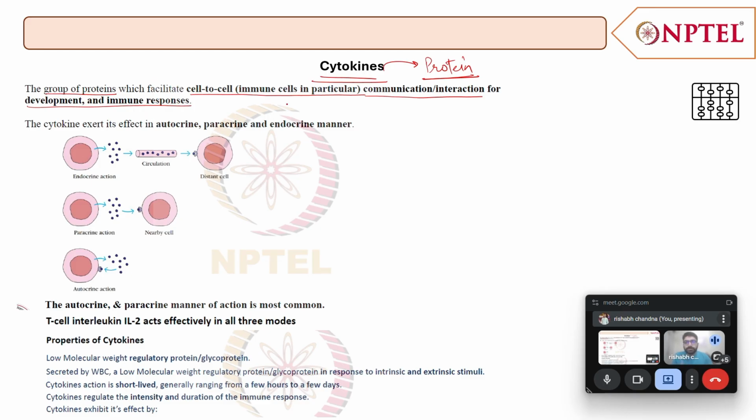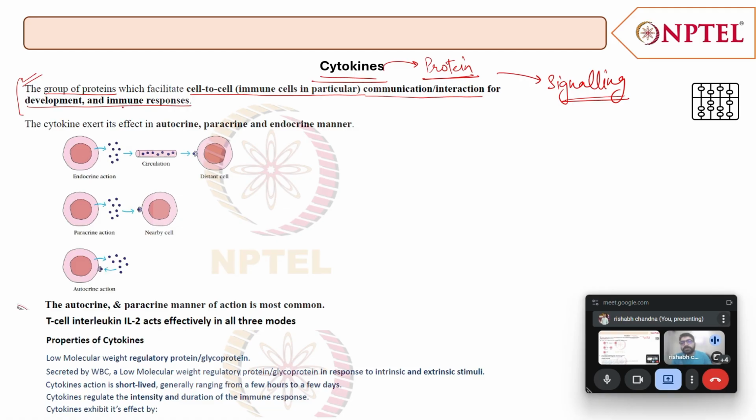These molecules are signaling molecules that help in signaling between different cells, which can be because of any pathogen or any immune response. Okay, so this is the main function of a cytokine.